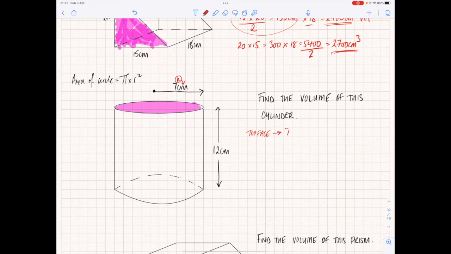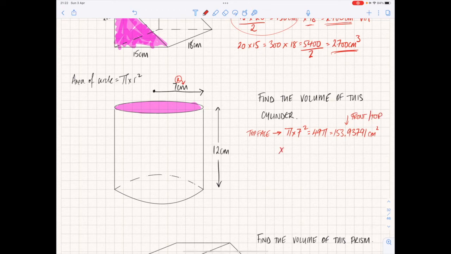So the top face is pi times 7 squared, which you can either use 49 pi if you're happy using things in terms of pi, or if you work it out using your calculator, so you're doing pi times 49, which gives you 153.93791. I'm doing that to a few decimal places. That is now the area of the front. Okay, so the front slash top in this case.